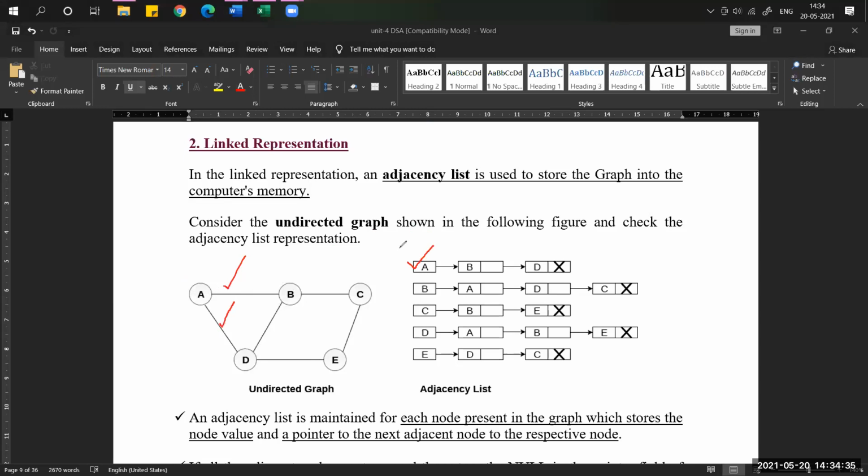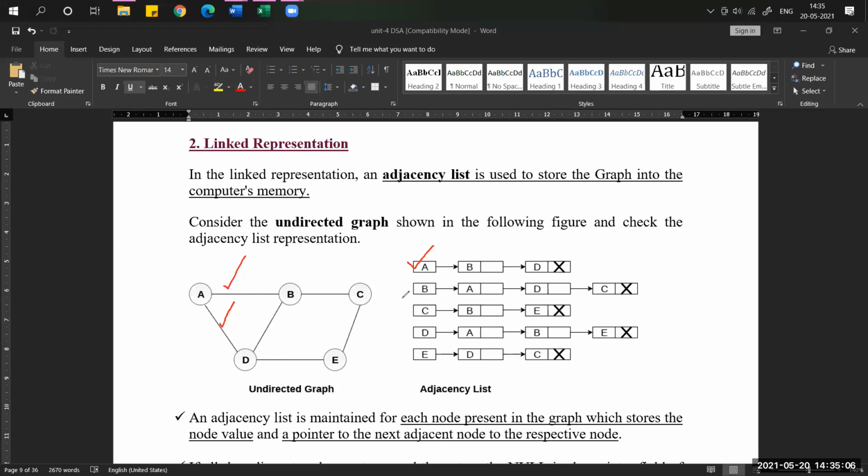B and D. That's why A to B and B to D, only two edges, and the last link field should be kept as null. It means from A we have only two nodes. You can write like this also, A to D, D to B, because it is an undirected graph. You can exchange these two also, no problem.